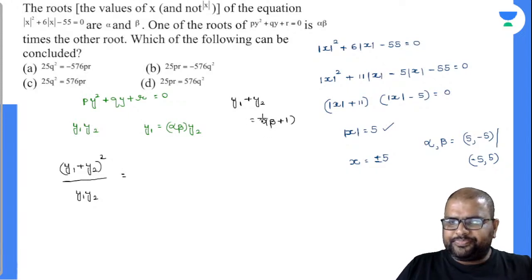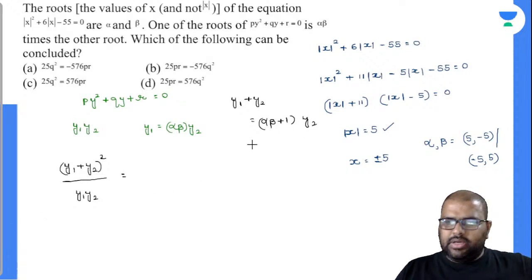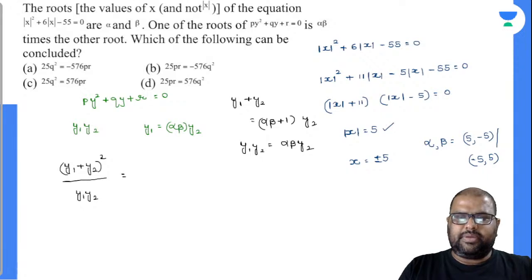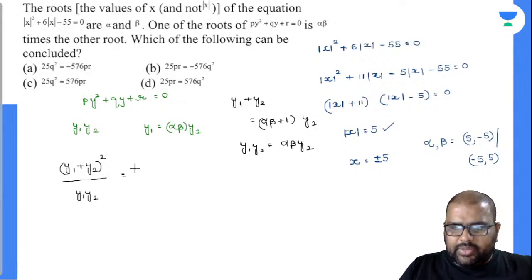Am I right or wrong? y2 is y2, y1 is this one. So y1 into y2 will be alpha into beta y2. Am I right? Yes, perfectly. So alpha beta plus 1 whole square, y2 gets cancelled.